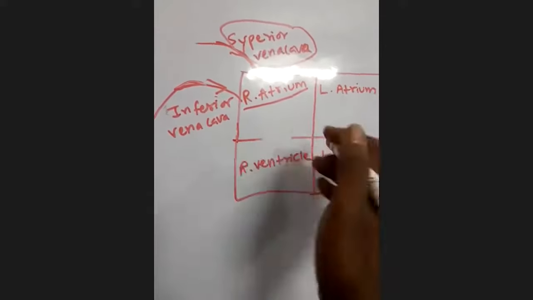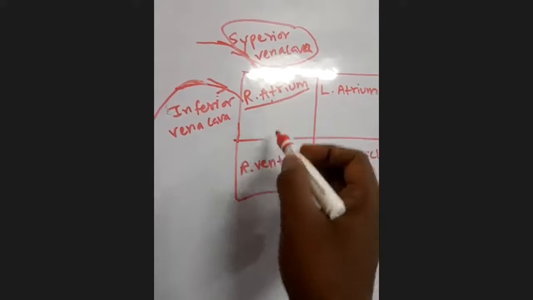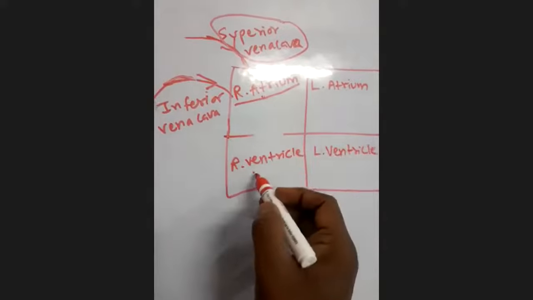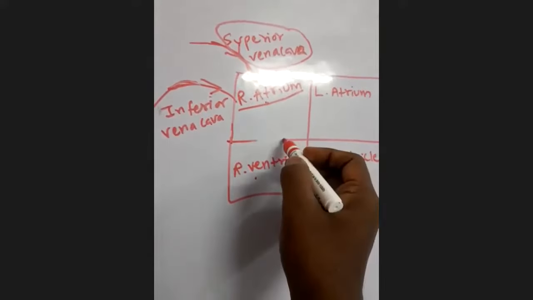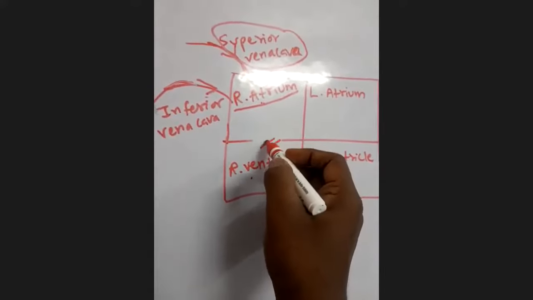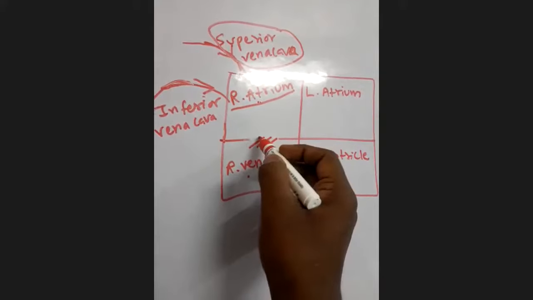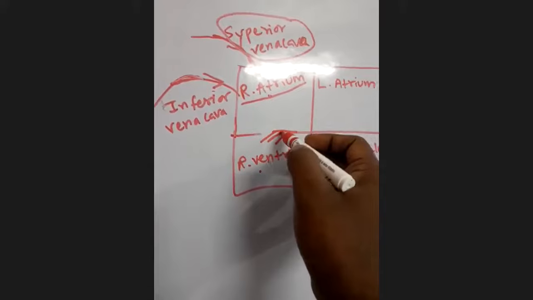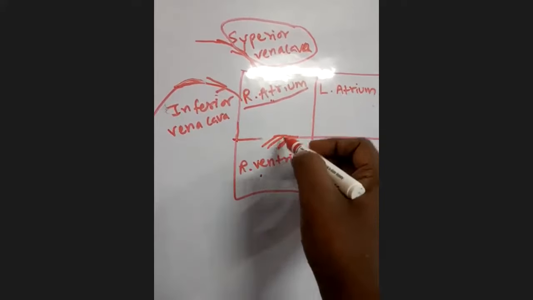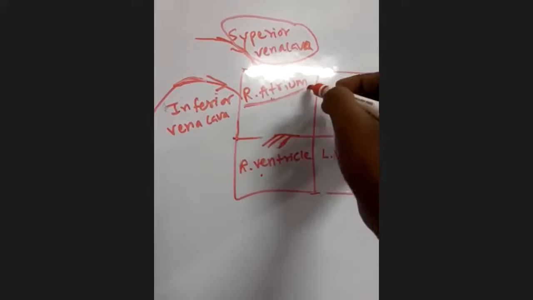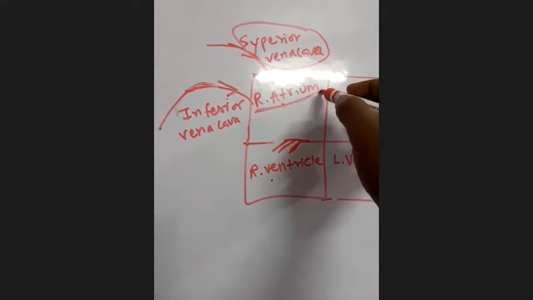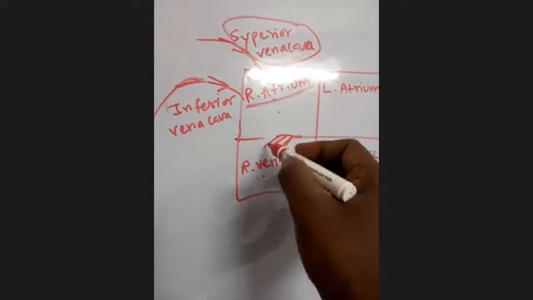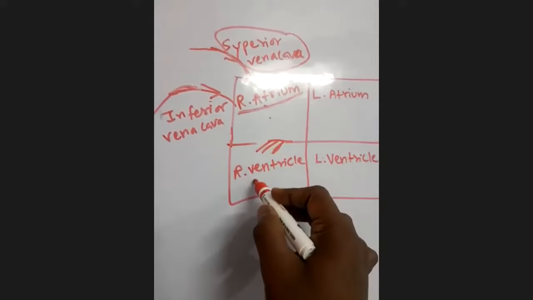Right. Now, then what happens? In between the right atrium and the right ventricle, you will have three flaps, like kind of thing like this. So what is the use of these flaps? Once this right atrium is filled with impure blood or deoxygenated blood, this blood will enter into the right ventricle, right?